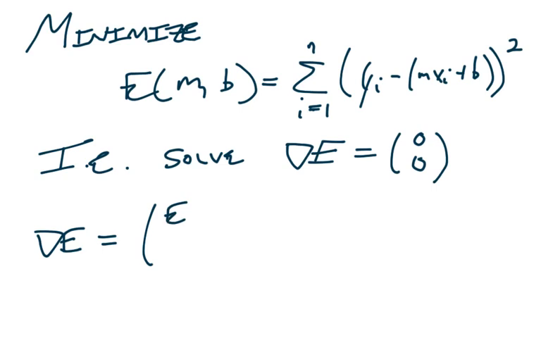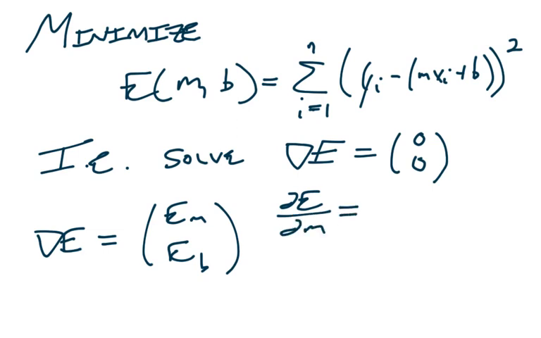This is the derivative of E with respect to m in the first component and the derivative of E with respect to b in the second component. So let's go ahead and figure out the derivative with respect to m.